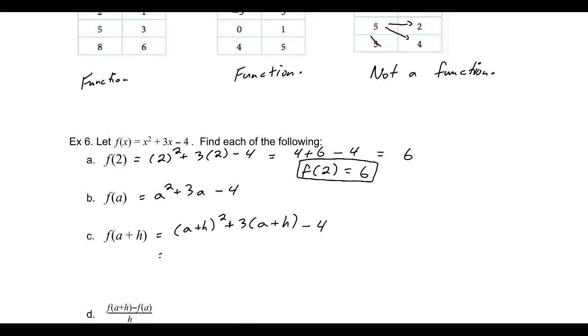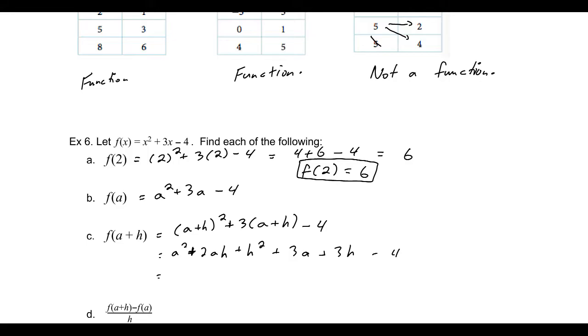Now, (a plus h) squared is (a plus h) times (a plus h), so this is going to be a squared plus 2ah plus h squared. I'm going to distribute here and make that 3a plus 3h minus 4.